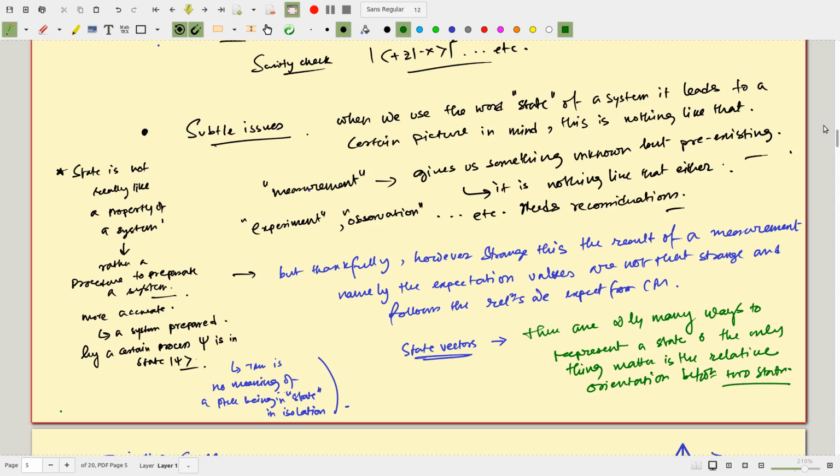But what I want to emphasize here is that from all this discussion it is clear that a state in quantum mechanics is nothing like the English word state. It is a bad word, and it would not be wrong to say that it is a good time to invent a new word for the quantum mechanical state.